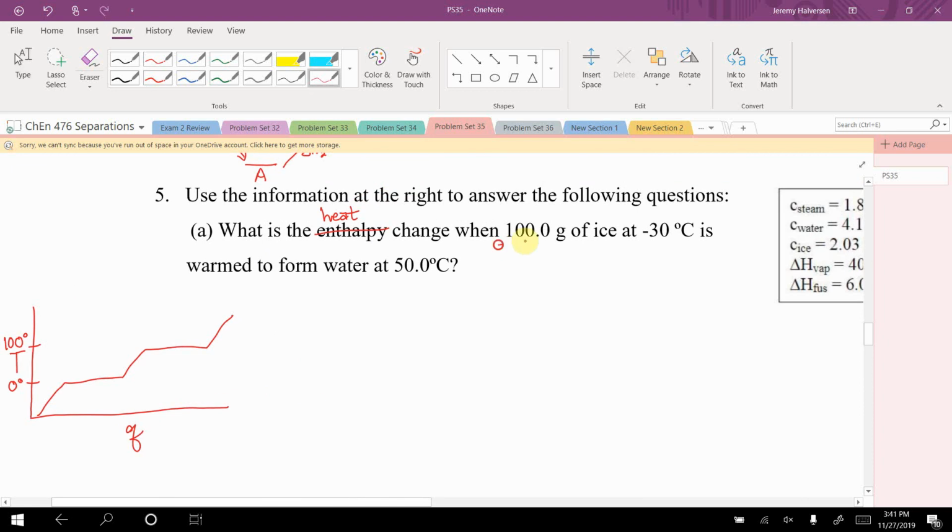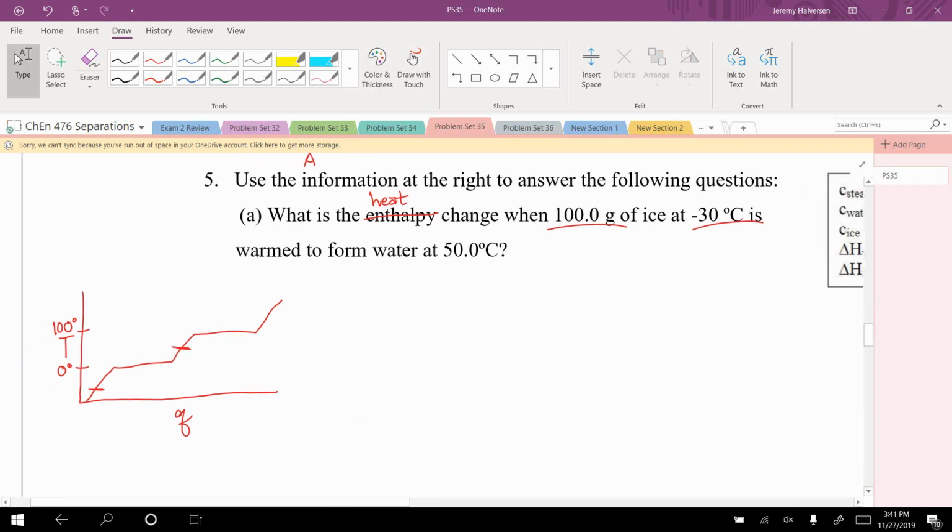So in this problem, we've got 100 grams of ice. We're at negative 30 degrees Celsius, so we're starting somewhere down here, and we want to form water at 50, so we're ending right here. Well, each of these lines requires a different equation to calculate heat. If I am changing temperature, then I'm going to calculate my heat by using a specific heat, m c delta T. So that's going to be true there and here.